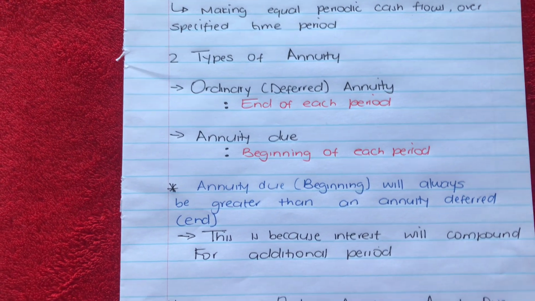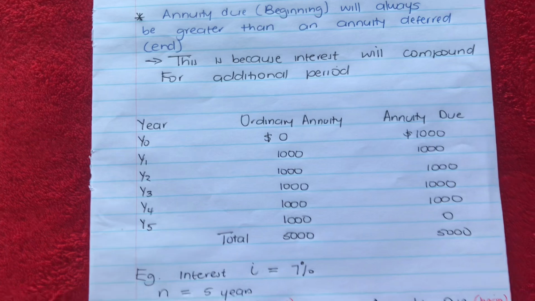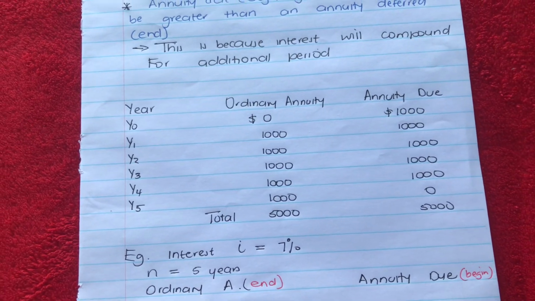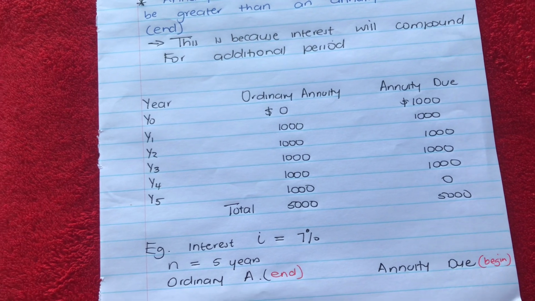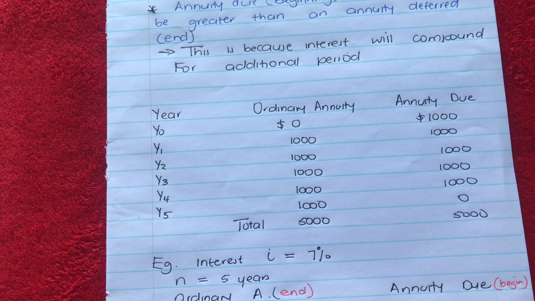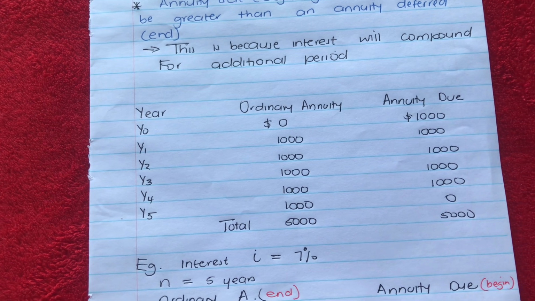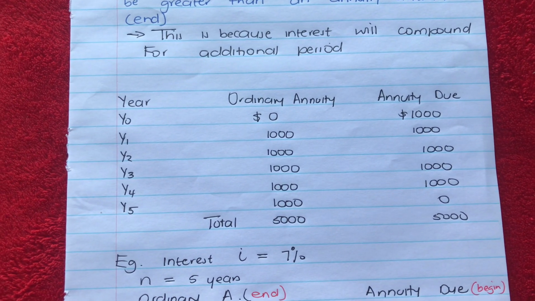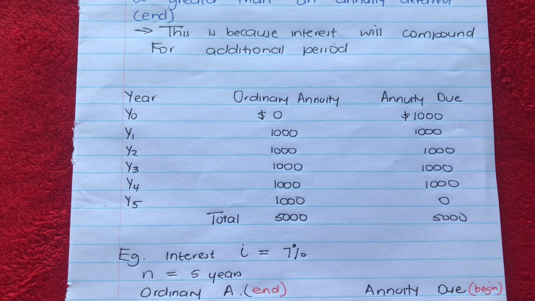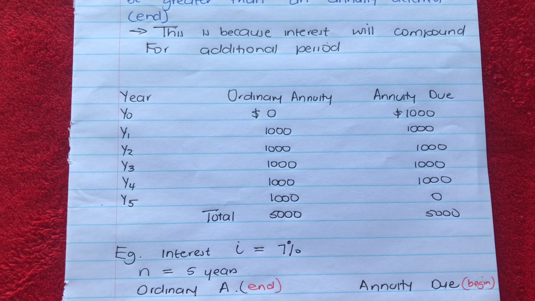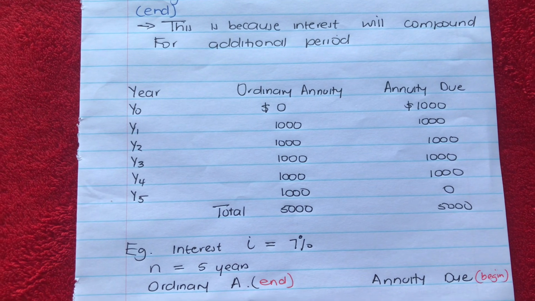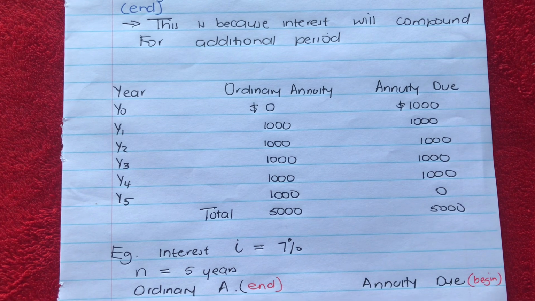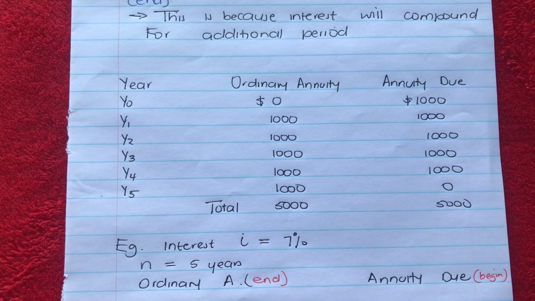So let's make a quick example. You are making your payments each year, a constant $1,000 payment. But here's what we need to take into account. For the ordinary annuity, you never made a payment at the beginning; you made payments at the end of year 1, year 2, year 3, year 4 and year 5.